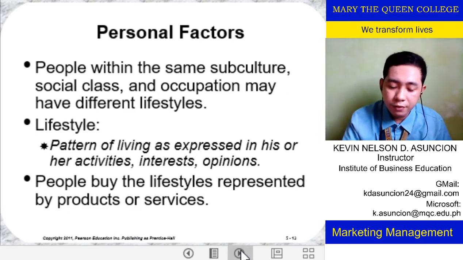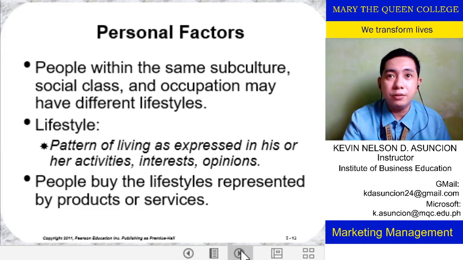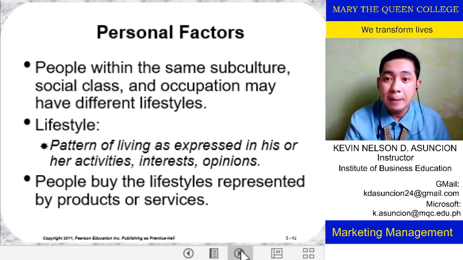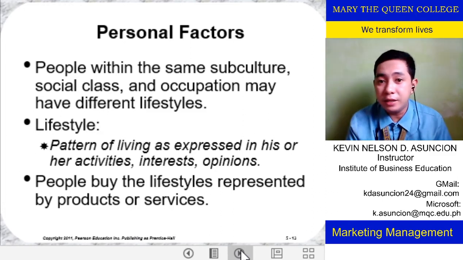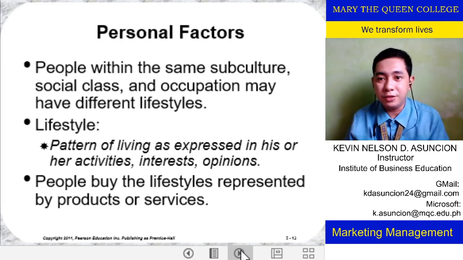So there are rich people that buy those simple things and yung mumurahin kaya nakakapag-save sila. No? There are those naman na kahit wala nang matira sa kanila, bibilin pa rin yan, no? Because we have different lifestyle. So people buy the lifestyles represented by products or services.